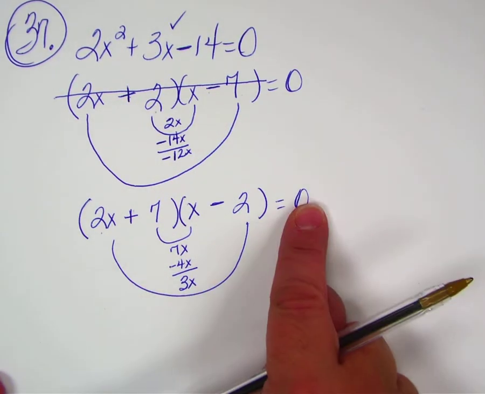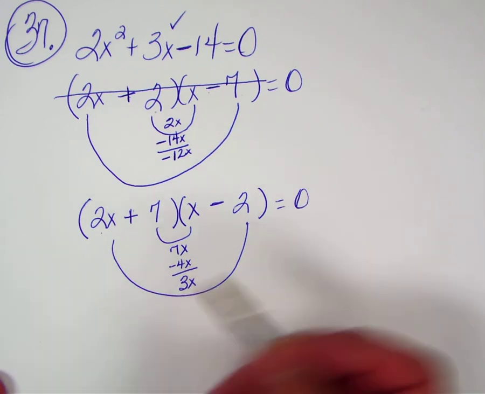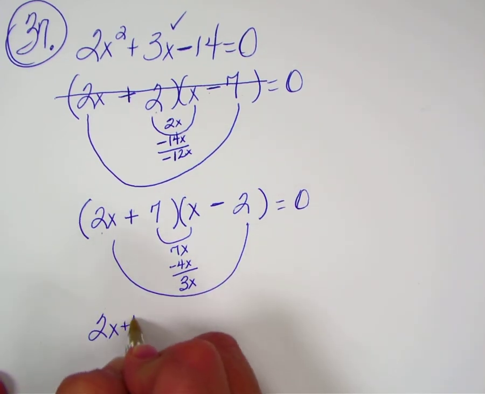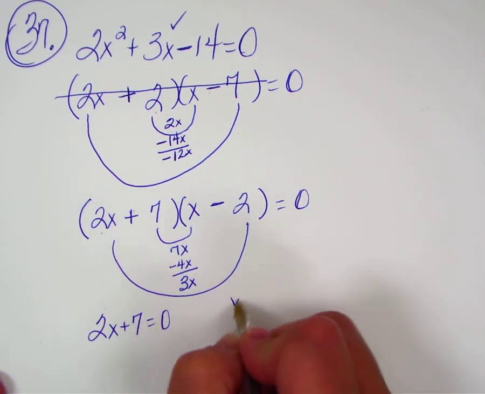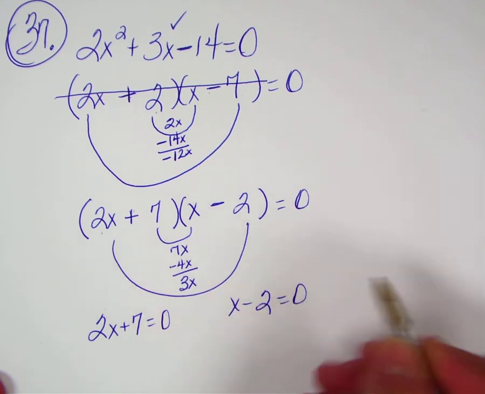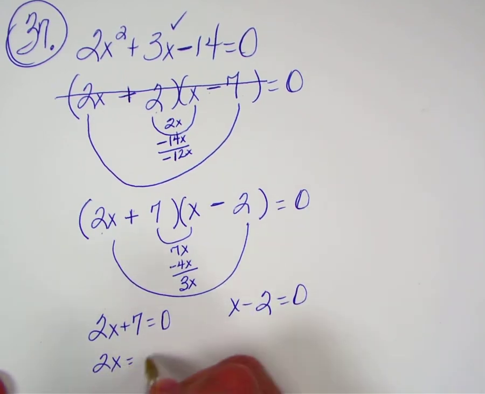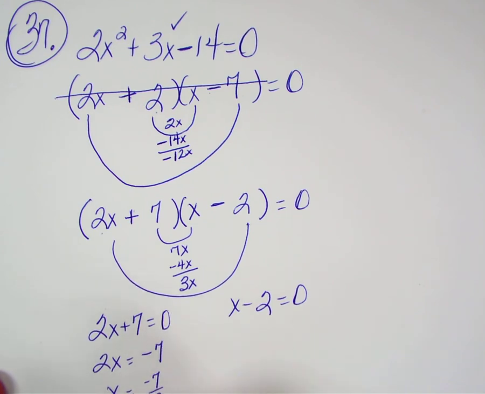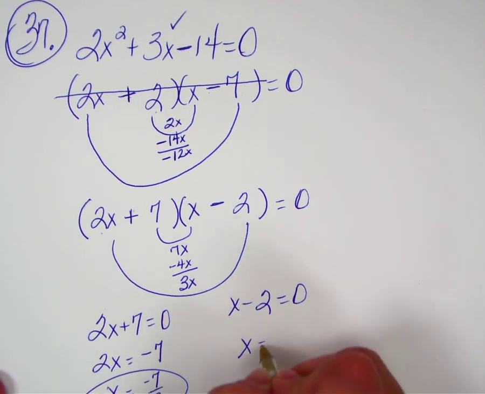Okay, so that's it. Now I have to solve it. So 2x plus 7 equals 0, and x minus 2 equals 0. So 2x equals negative 7. X is negative 7/2. X is positive 2.